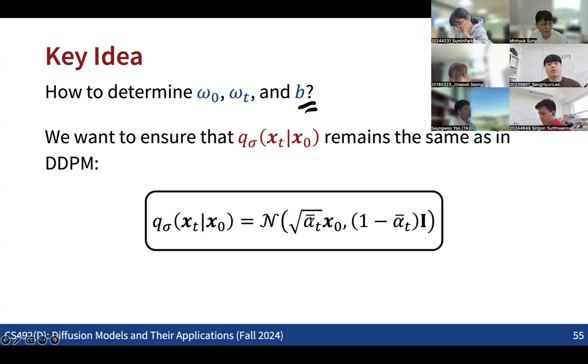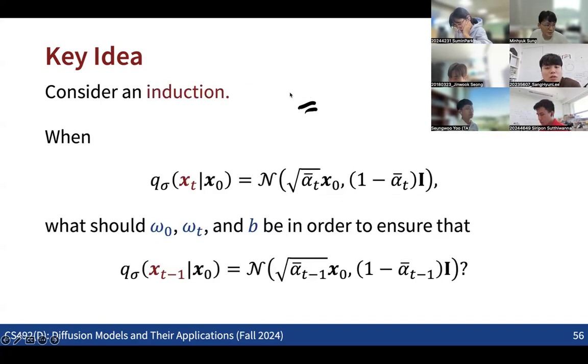Basically we are going to use the idea of induction. Let's assume that the posterior distribution from x0 to xt is defined into this Gaussian form. Then how should we define these three parameters so that the posterior distribution for xt minus 1 is also defined in this way?